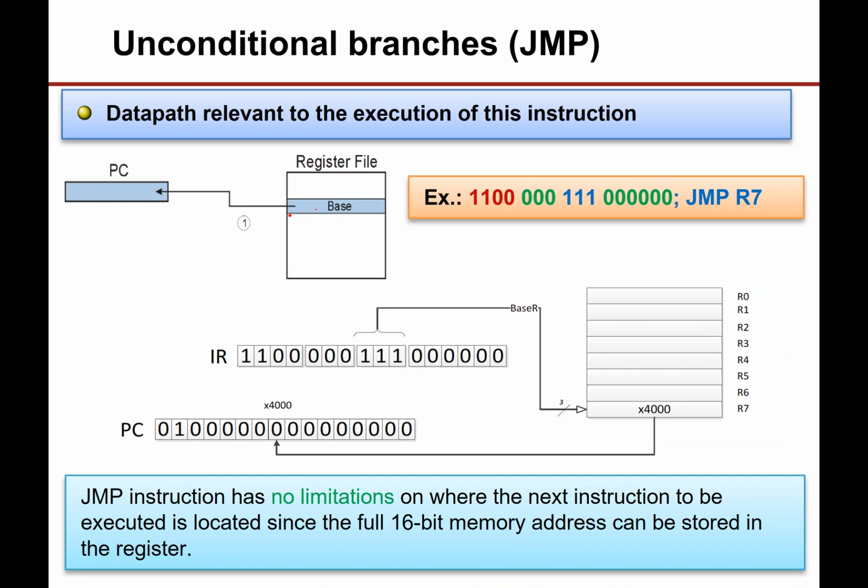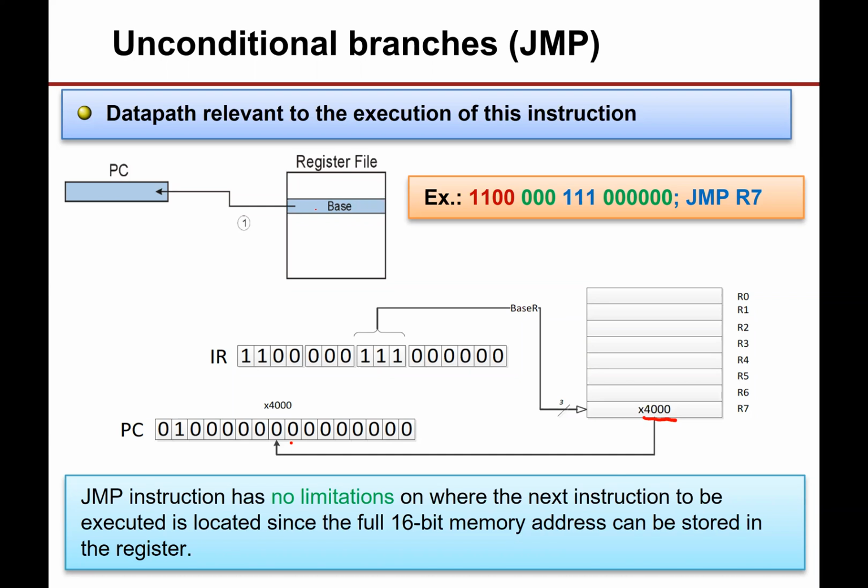The base register's value directly goes to the PC. In this example, after executing this instruction, the value x4000 stored at R7 directly goes to the PC.